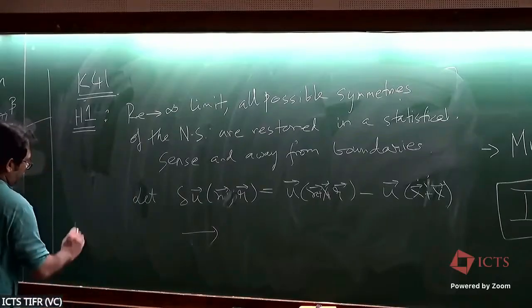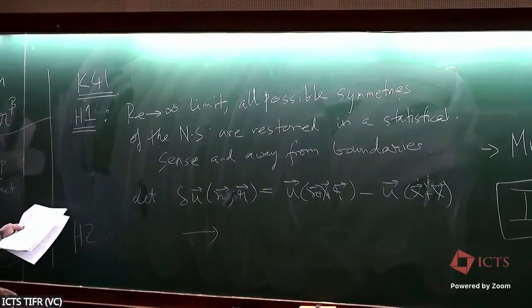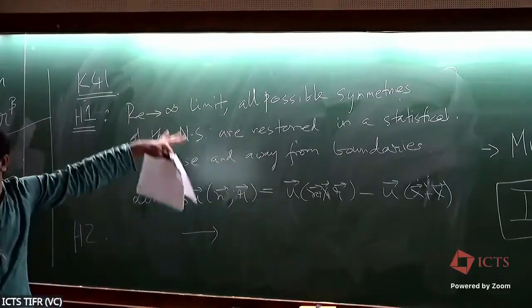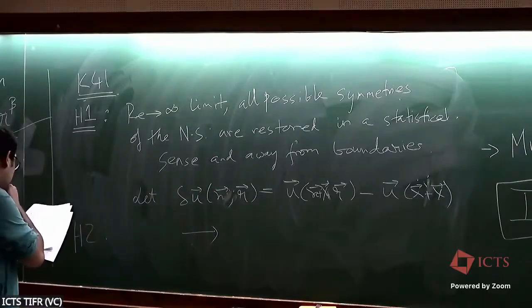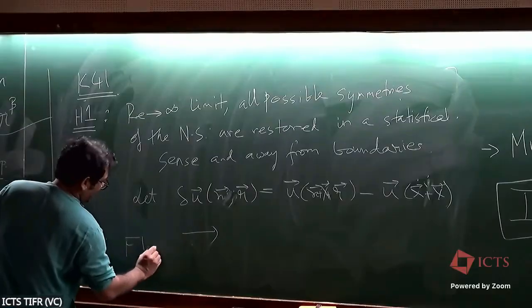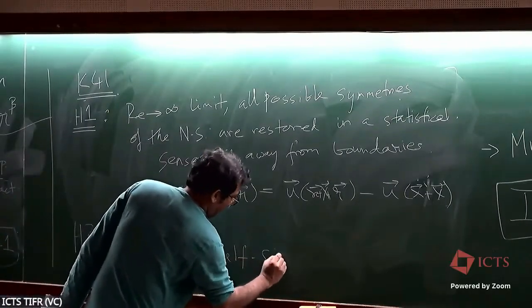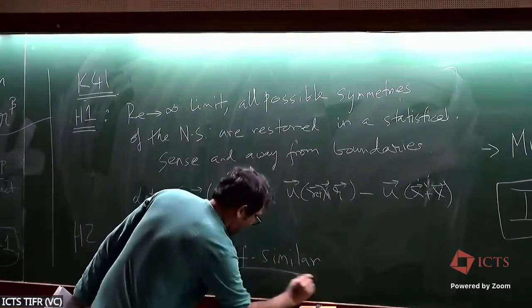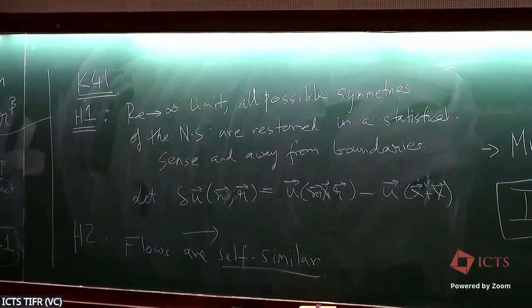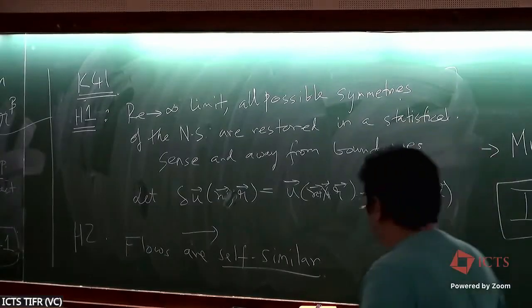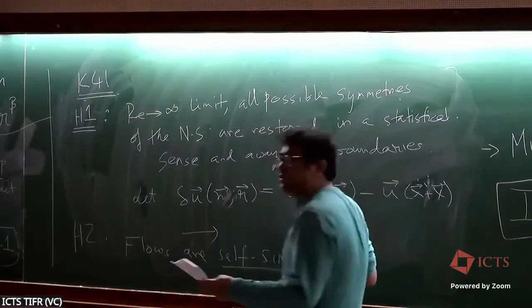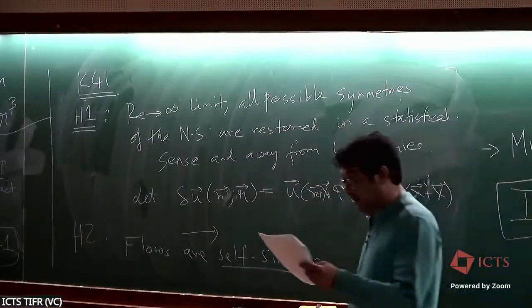All right. The second hypothesis of Kolmogorov, which will be very useful for us, again in the same sort of setting of Reynolds going to infinity, etc., is flows are self-similar. Now, this is a strong assumption, and later theories try to understand this, but let's say experiments and direct numerical simulations put this in sharp focus, which is something that we learn today.